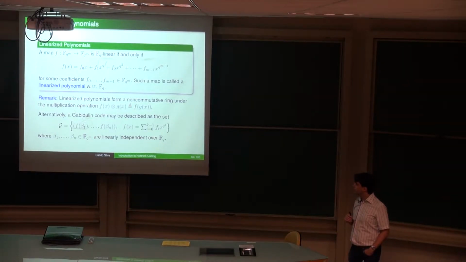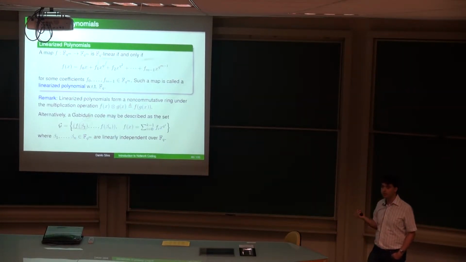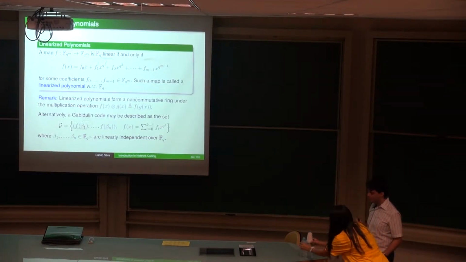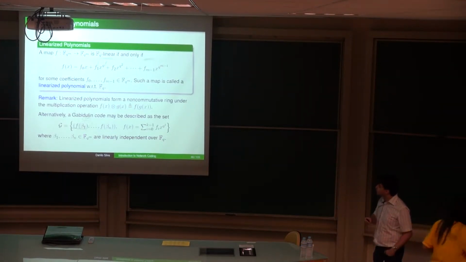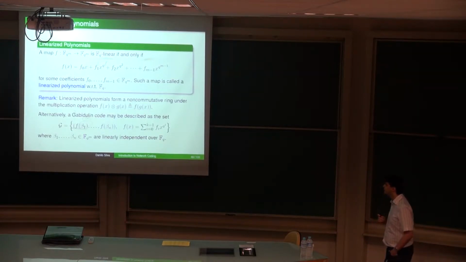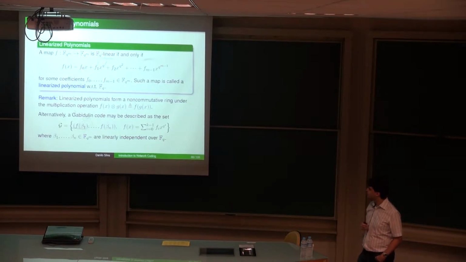This is an interesting observation: these codes can also be constructed from linearized polynomials. A linearized polynomial is simply a polynomial with only terms that have powers of q. Linearized polynomials form a non-commutative ring under the composition of polynomials.